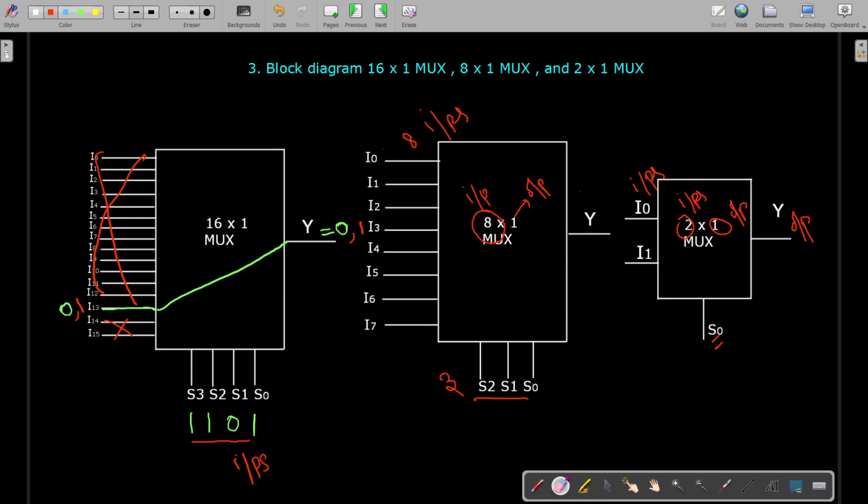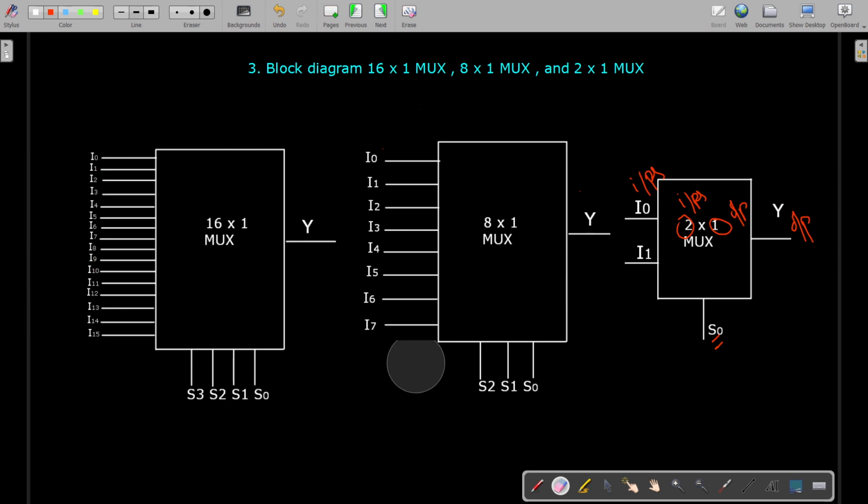So suppose if you go for this 8 by 1 mux, it works based on 3 selection inputs. Suppose you are providing 0, 1, 0 here, only 3 selection inputs are available at the 8 by 1 mux.